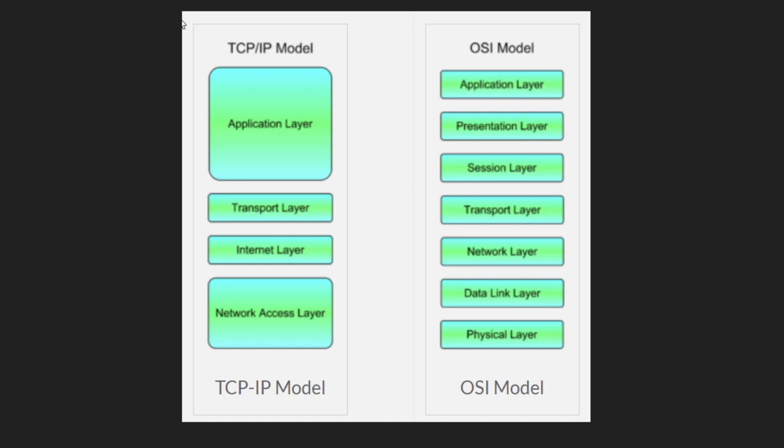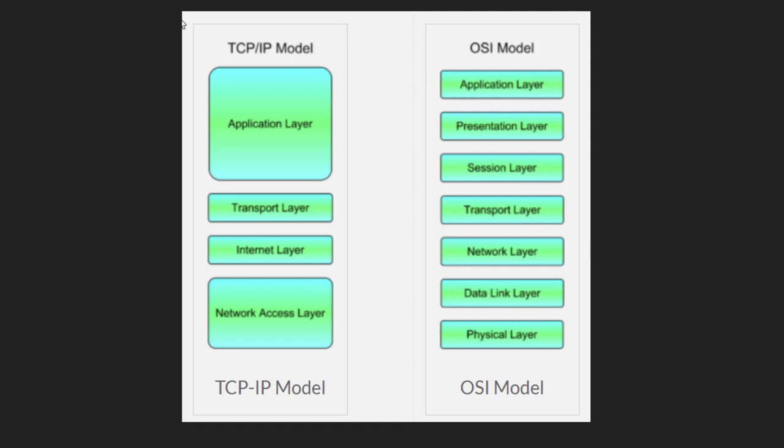A protocol stack is a group of protocols that all work together to allow software or hardware to perform a function. And then the TCP/IP, which is this one, is an example of that. It uses 4 layers that map to the OSI model as follows.